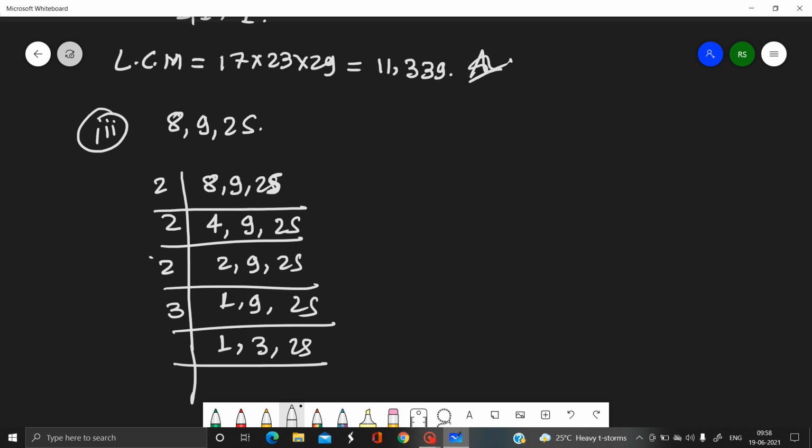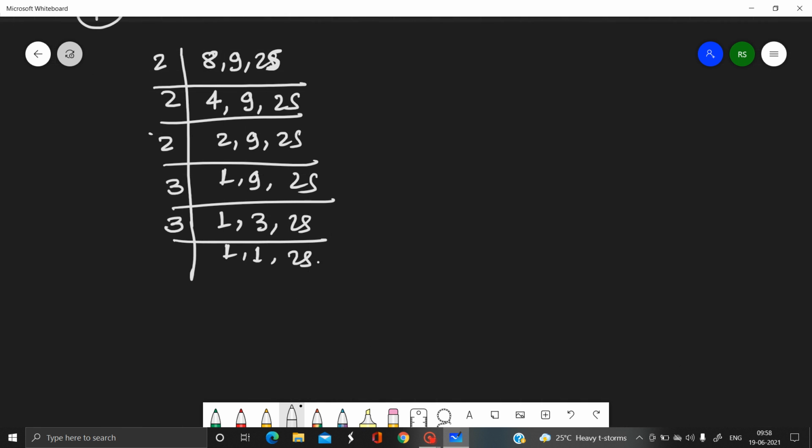Again you can see 3 is here, so this 3 is divisible by 3, here is a 25, and 25 is divisible by 5, so I can write here, I will go with a 5, so we'll get here 1, 1, and 5. Again I go with a 5, I will get 1, 1, 1.